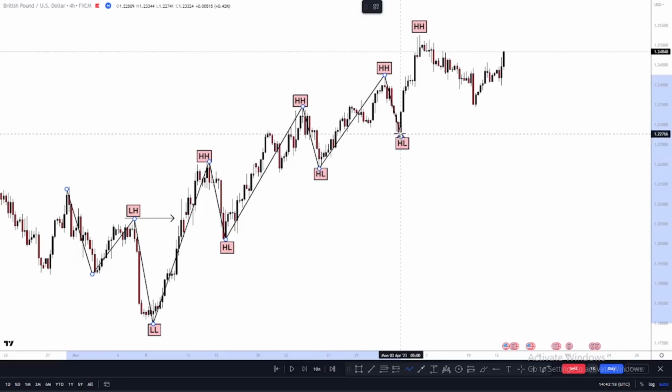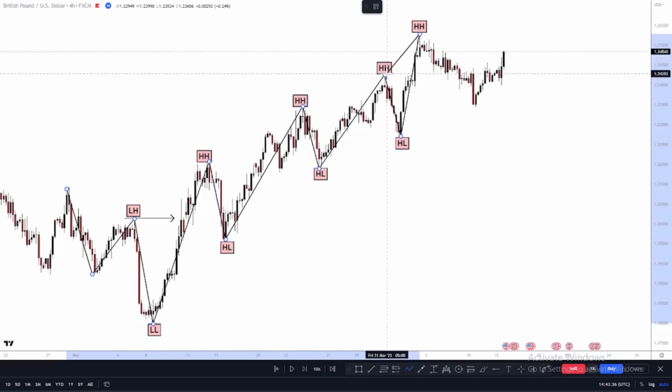After price created this higher low, what were we expecting the market to do? We were expecting the market to continue to the upside to create a new higher high. And why is this a higher high?